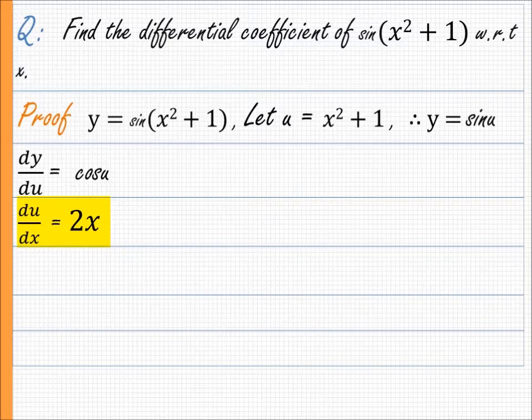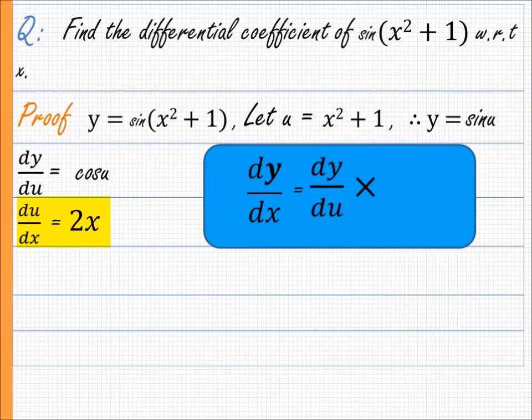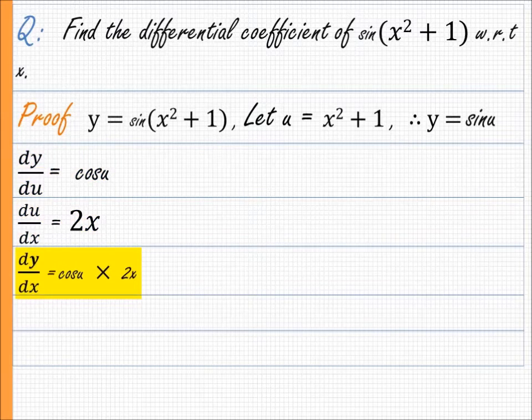As per the chain rule, dy upon dx is equal to dy upon du into du upon dx. We have already evaluated dy upon du and du upon dx, so putting these values, dy upon dx is equal to cos of u into 2x, or 2x into cos of u, but u is equal to x square plus 1.